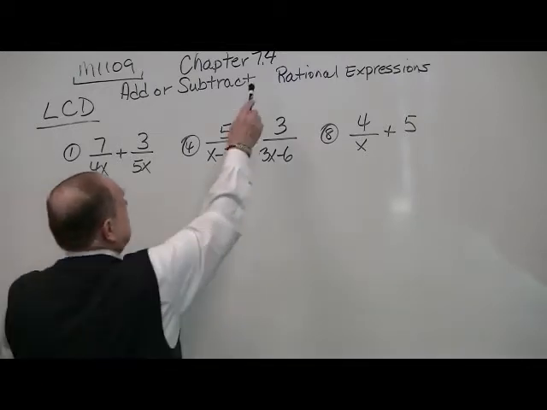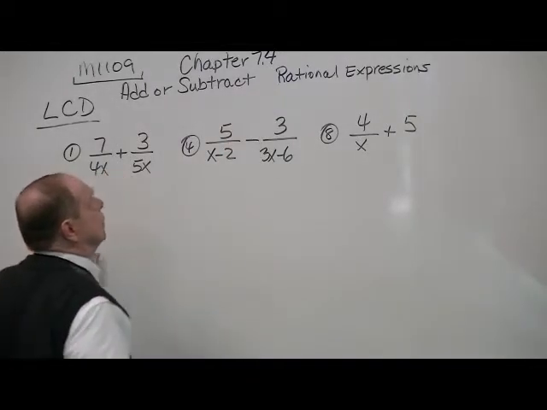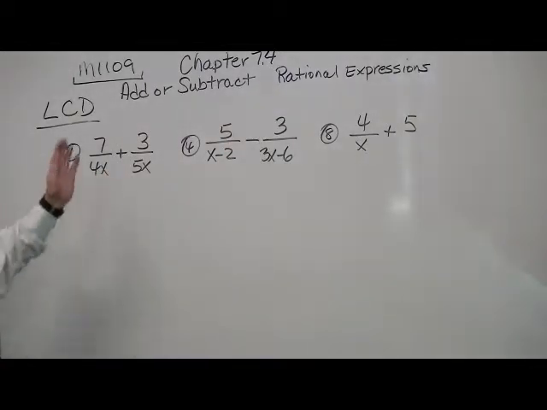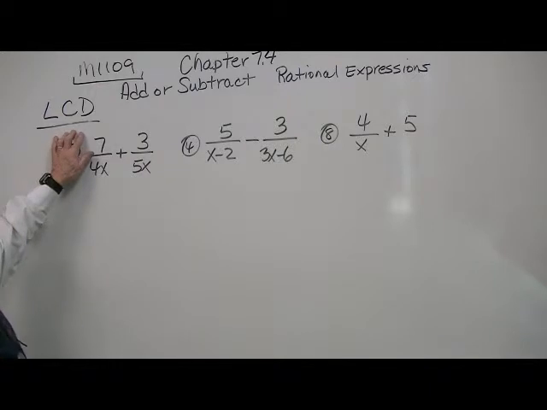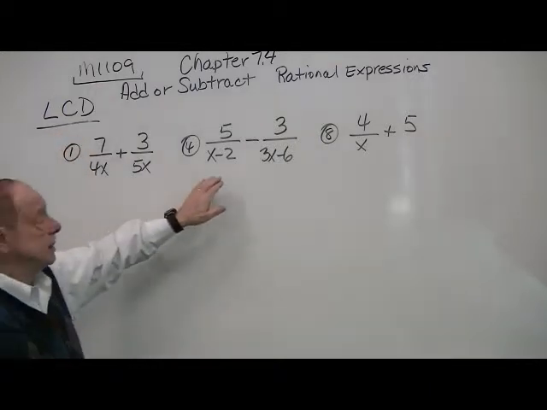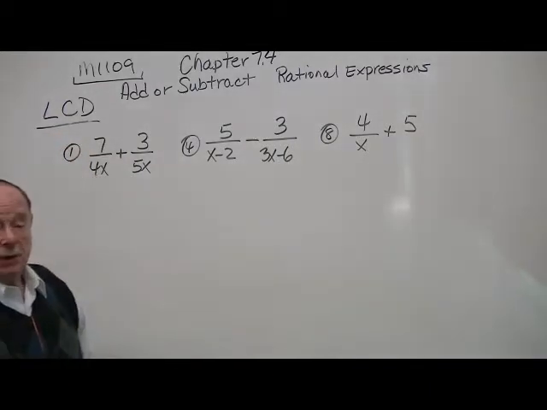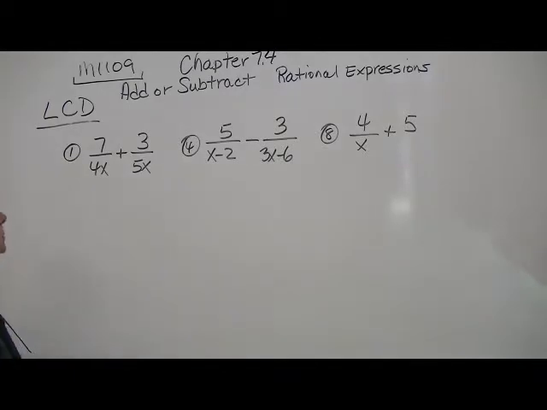Okay, as we go on now to topic 7.4, we're in the adding and subtracting of rational expressions in which they are not the same denominator. So up to now we've been building up to this. Again, I want to show you a strategy if I can.